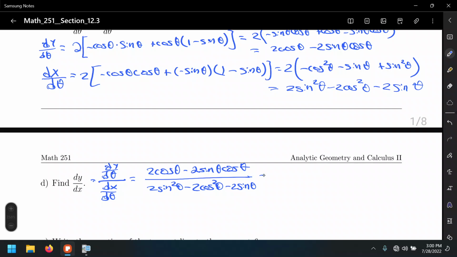And we can simplify this a bit by factoring out the 2's. Maybe we shouldn't have distributed in the first place, so we can factor it out. 2 cosine theta minus sine theta cosine theta over 2 sine squared theta minus cosine squared theta minus sine theta.